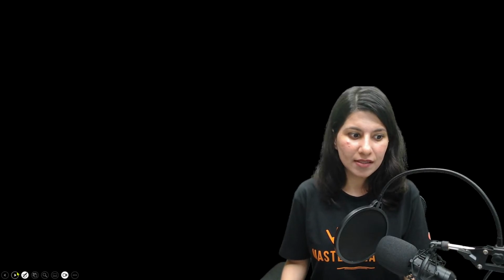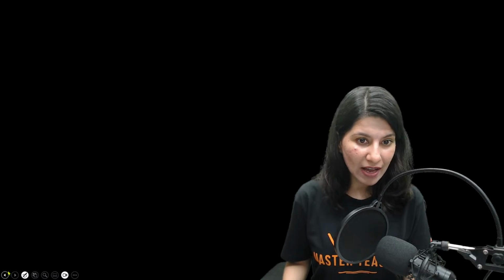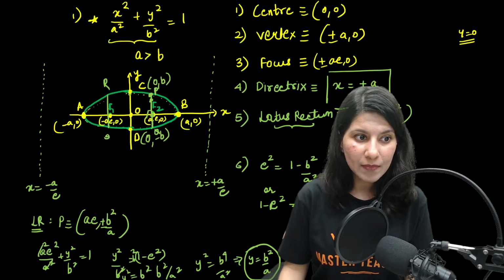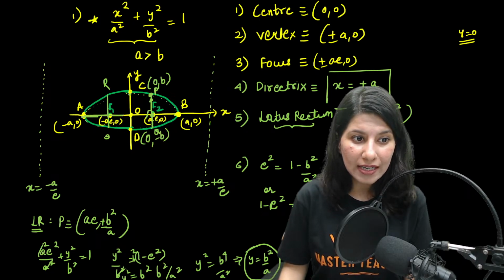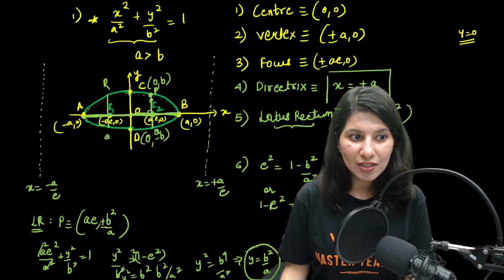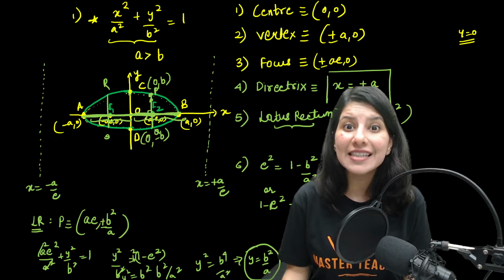Now one by one let us revise everything. Two more things we have to understand about the major axis and minor axis. See, in this diagram, the longer length AB will be the major axis. Now tell me, what is the length of the major axis? This is your A and this is your minus A. So the length of the major axis is 2A.